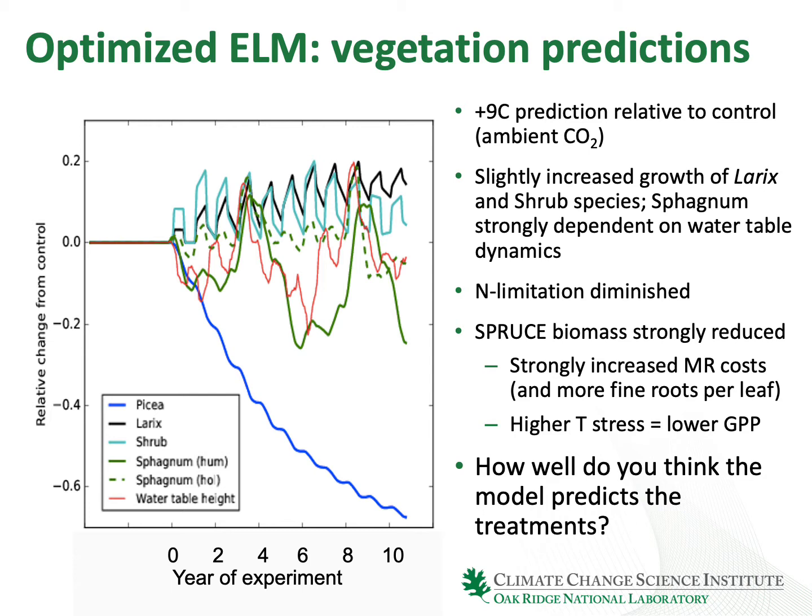So the sphagnum on the hummock top begins to dry out. Under dry conditions, you can see negative changes in biomass relative to control, but when it's quite wet, or when the water table is higher, you see the biomass responding positively. So there's a very strong hydrologic feedback that we're seeing there.